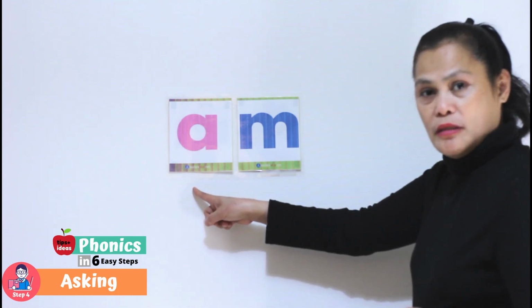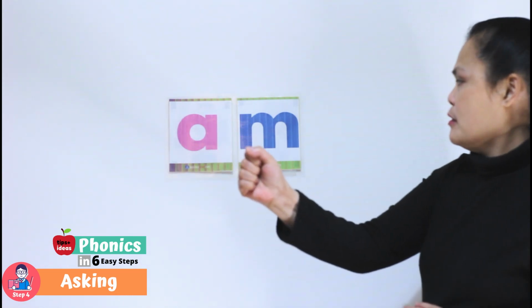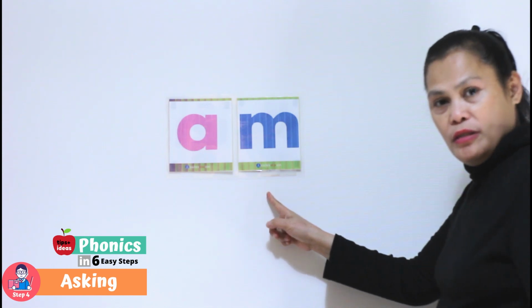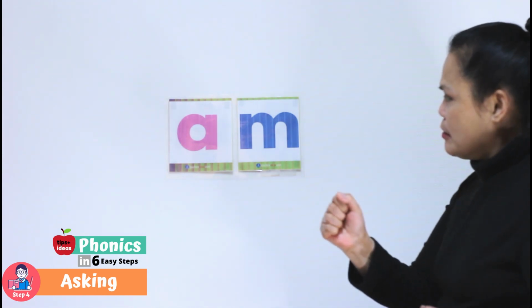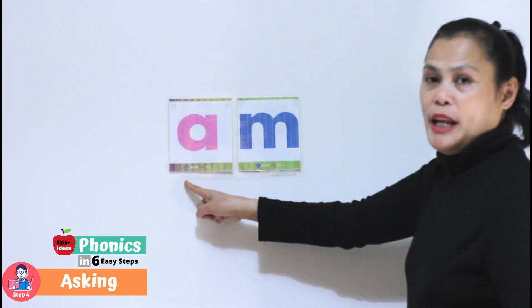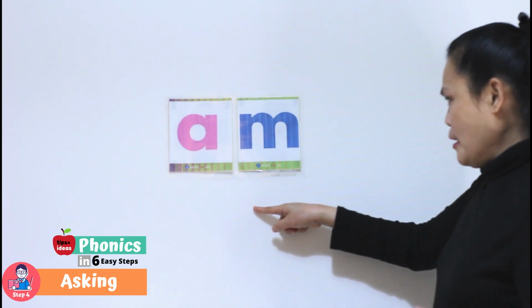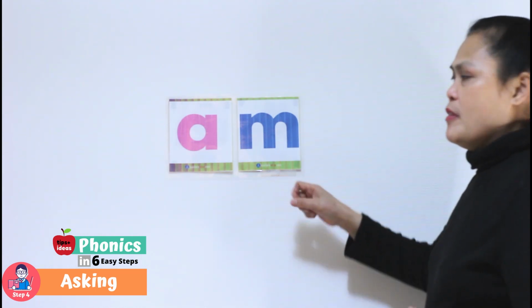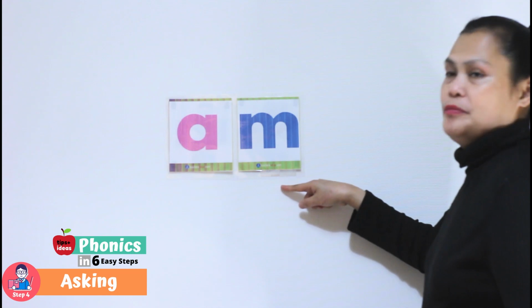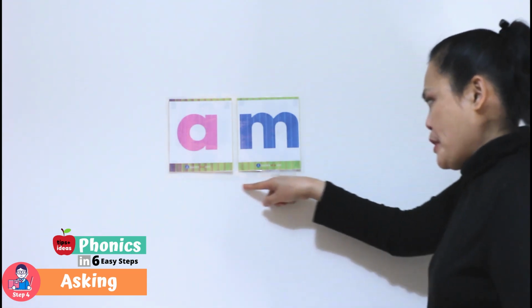Step 4, asking. In asking, you have to check if the students can produce, recognize, and blend the sounds. As an example, you can say like this. What sound? What sound? Sound out, get ready, begin. Say the word. What word?